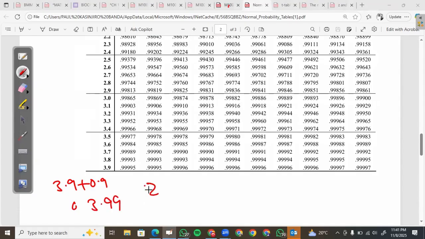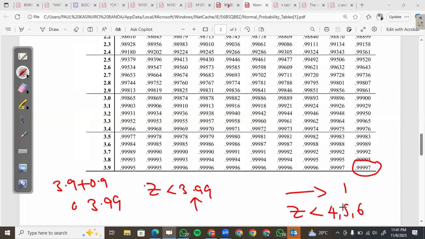So the probability that Z is less than 3.99 is this value at the end there. As the value increases, the probability tends to 1. So the probability of Z being less than any number greater than this, if I put 4, or 5, or 6, or whatever, is going to be equal to 1. Okay, if the meeting cuts, just rejoin again using the same link.